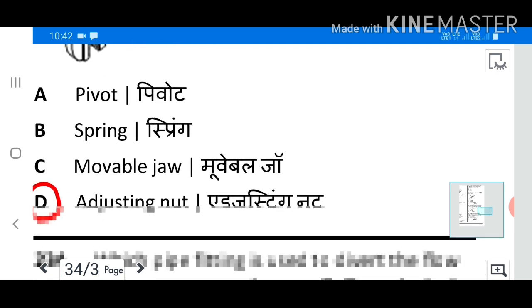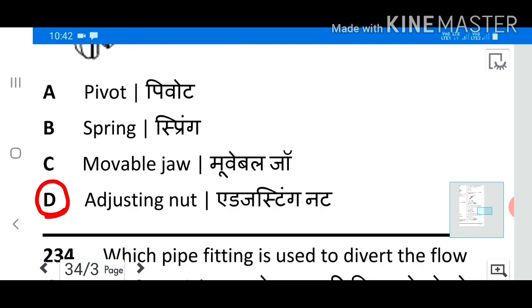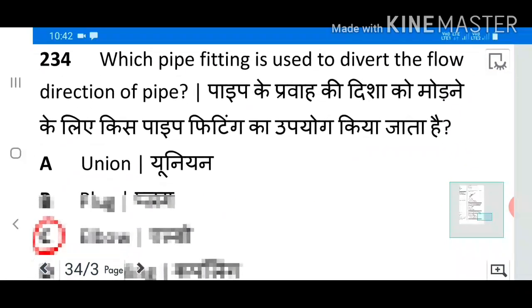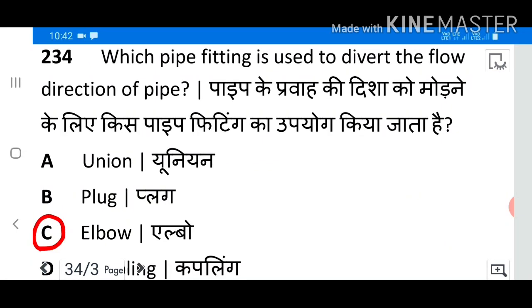Answer D. Adjusting nut. 234. Which pipe fitting is used to divert the flow direction of pipe? Answer C. Elbow.